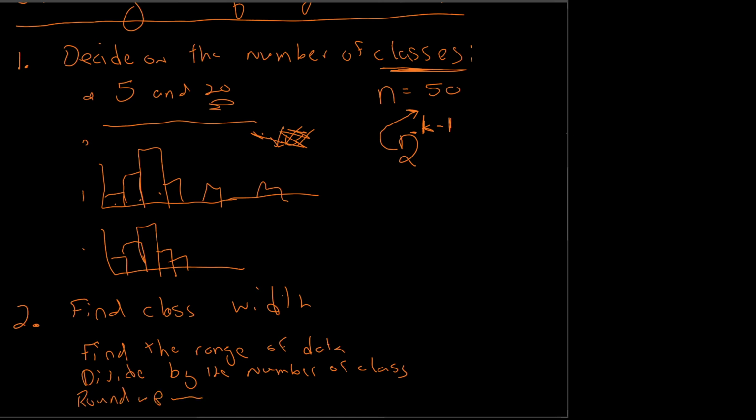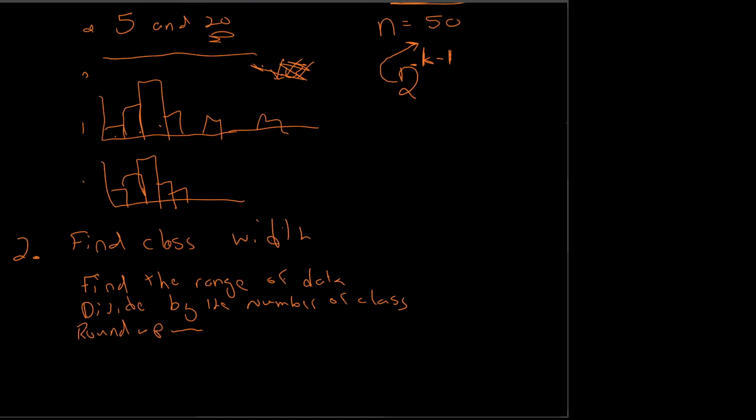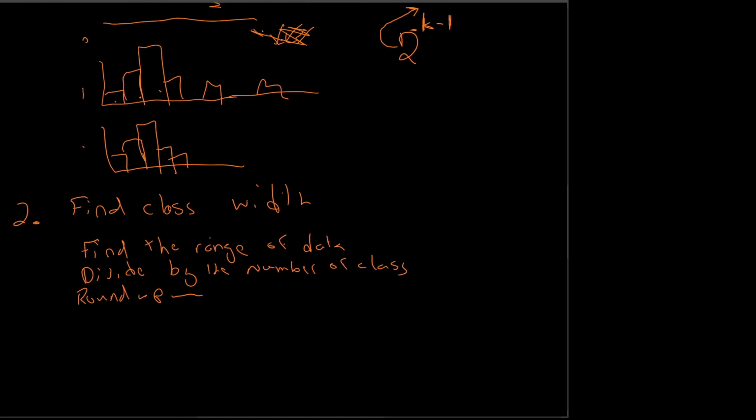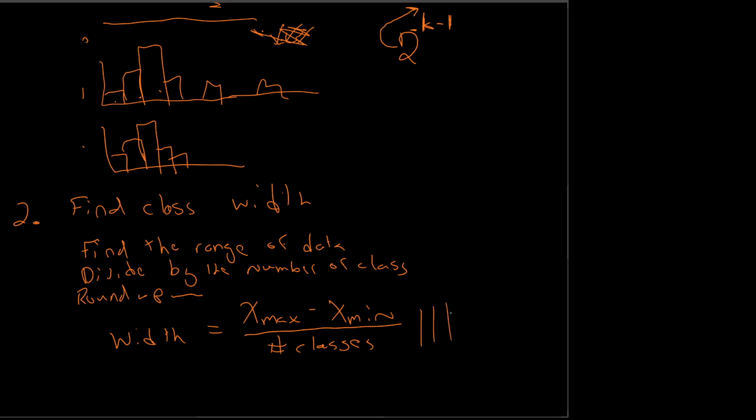Because if you don't round up, you might cut off the range. And so this normally has a formula that says width. And I'm going to put x max minus x min divided by the number of classes. And this is in the equations in the book. You'll see that the book has a fold-out that lists equations for each chapter, and this gets mentioned in there. But remember, always round up. Otherwise, you might cut off your data.